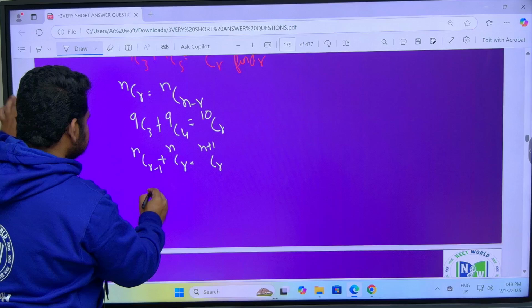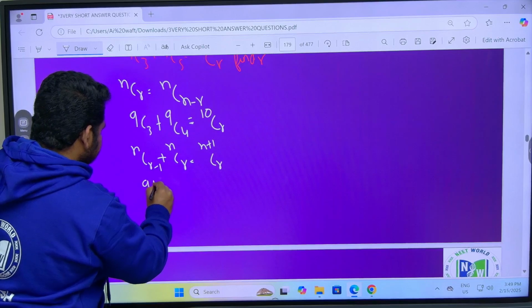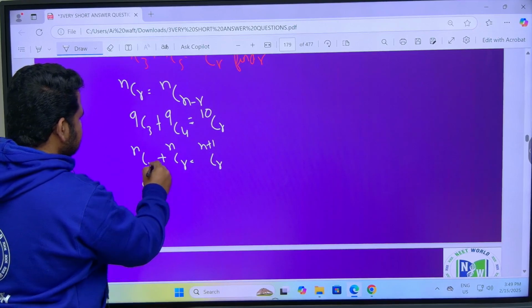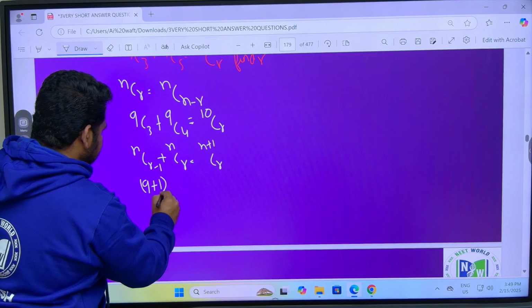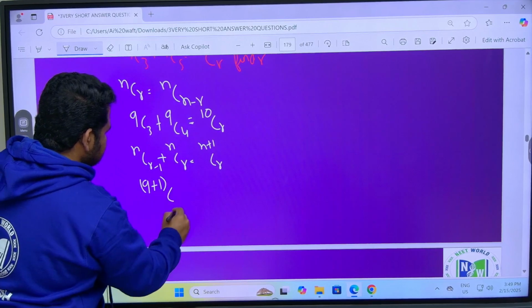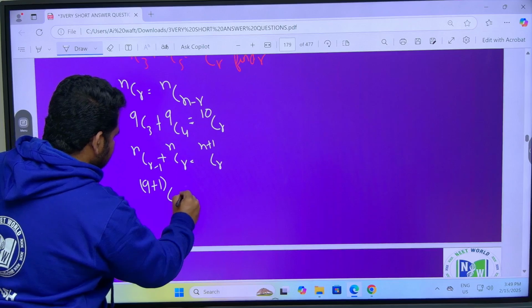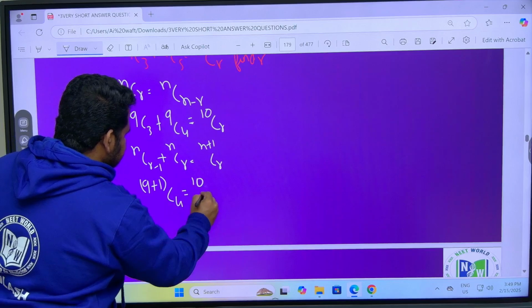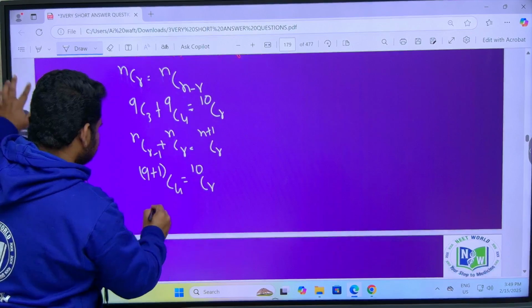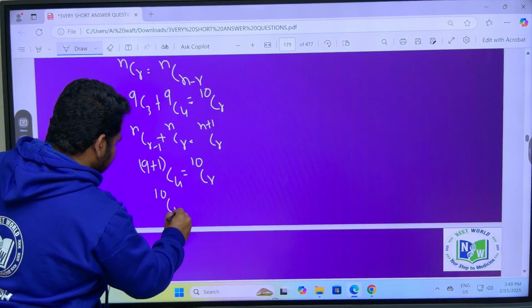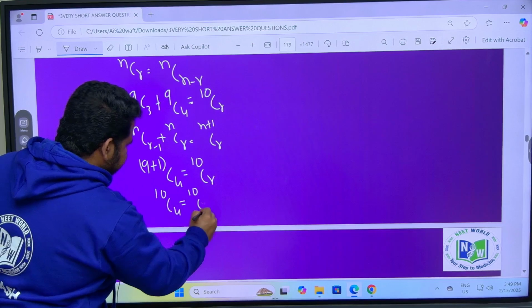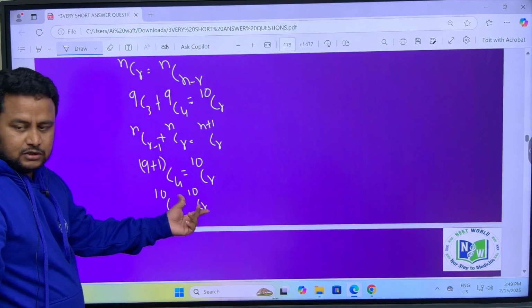So this I can write as (9 plus 1)C4, that is 10C4, which is equal to 10CR.